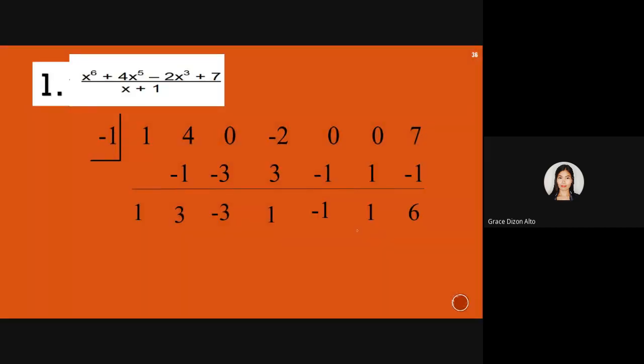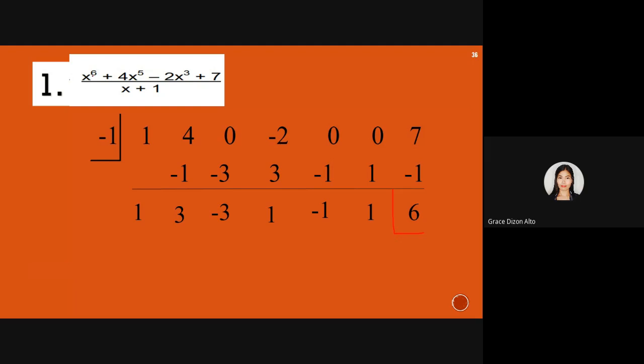So here are the solutions. For number 1, our remainder here is 6, since it is our last number.